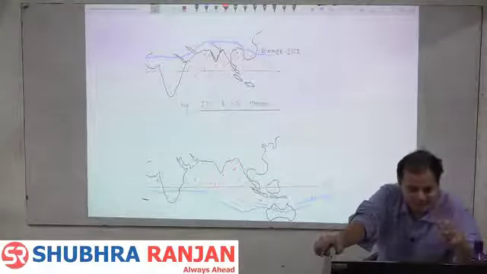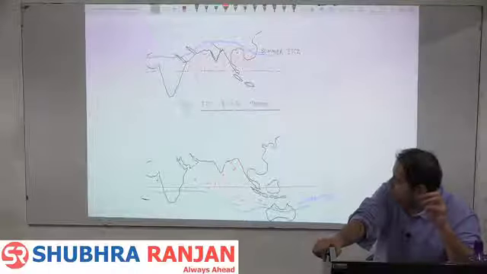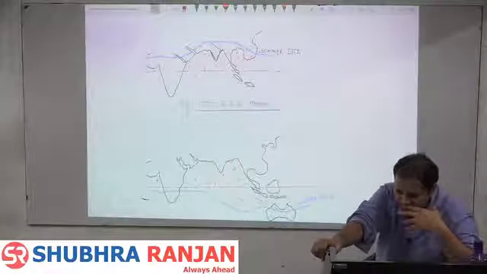Heating of the Tibetan plateau, which gives the energy for shifting of ITCZ more northwards, over India. Don't write the trade winds, cancel the trade winds.